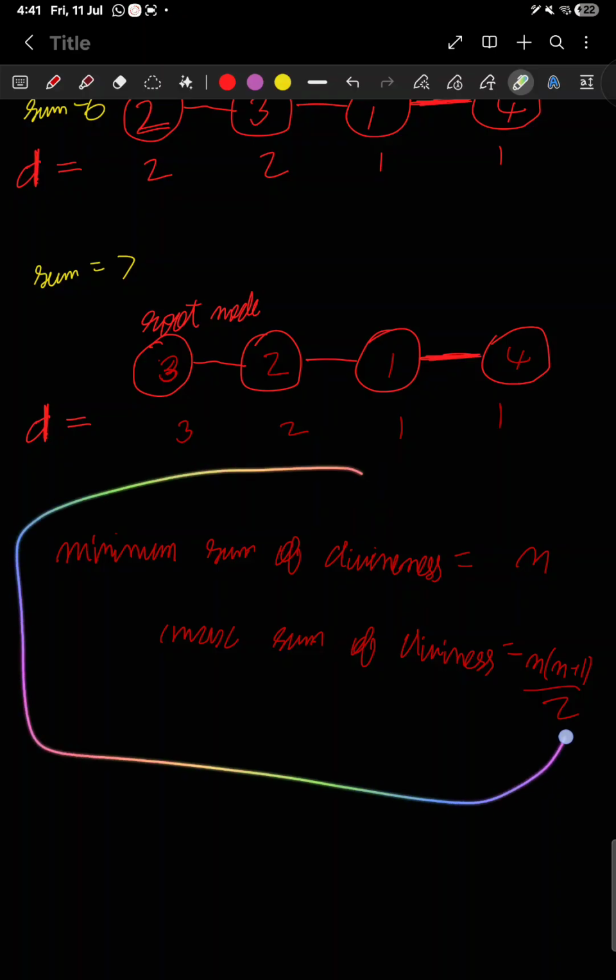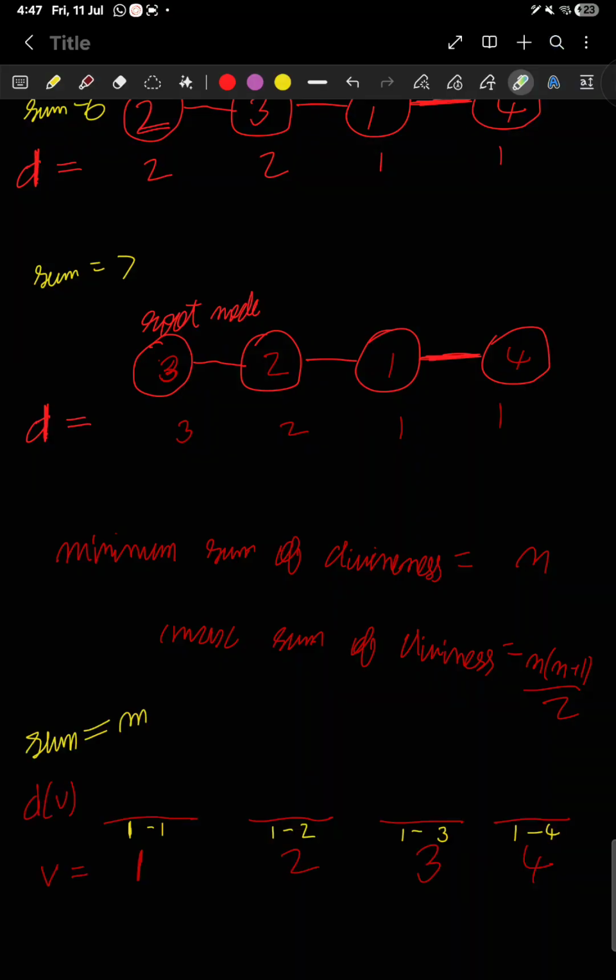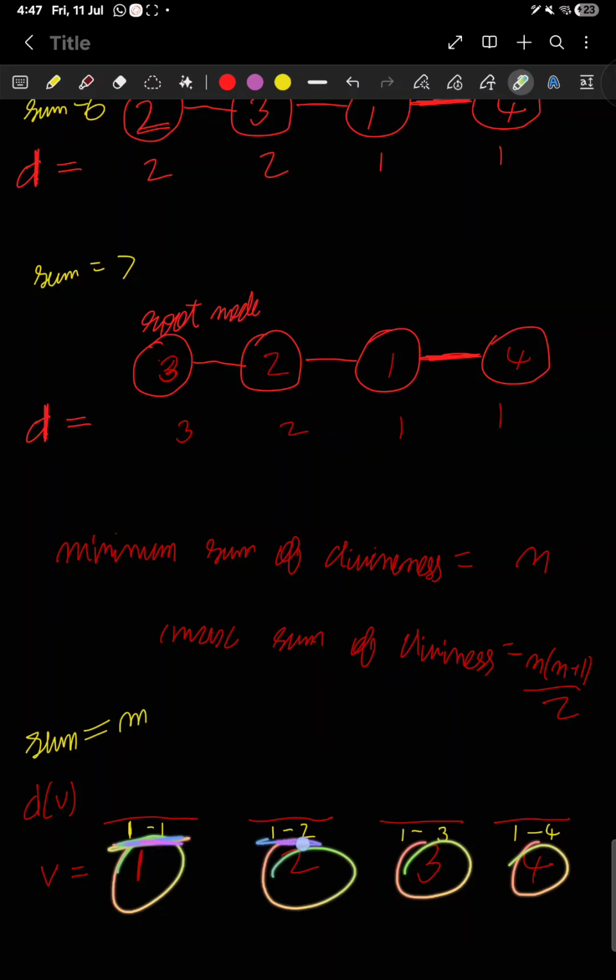So I have written the maximum and minimum divineness here, and as per the question we have to make the divineness equal to m. If m lies in this range, then it is possible to make that divineness, otherwise it's not. Now I've written all the nodes and the possible values of all the nodes, and we want to fill in the divineness that we want for each node.